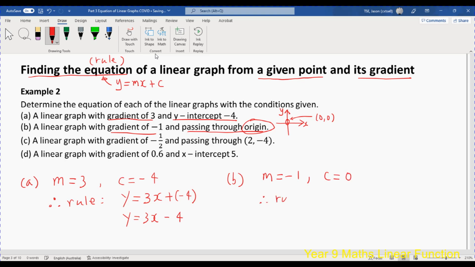So our rule is y equals -1 times x plus 0. Shall we simplify this expression? Of course, just minus x will be fine.